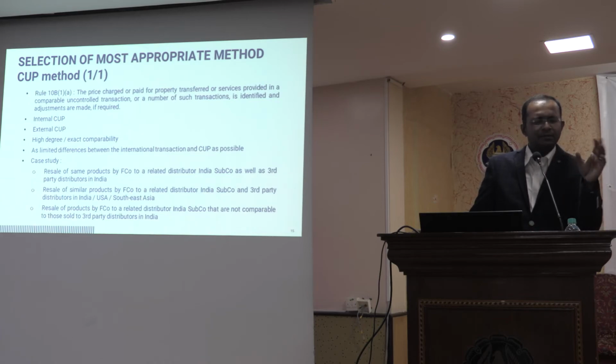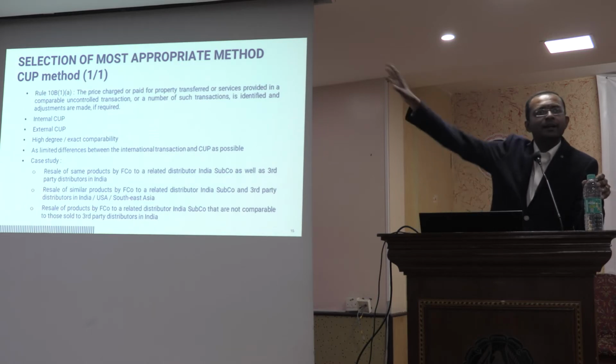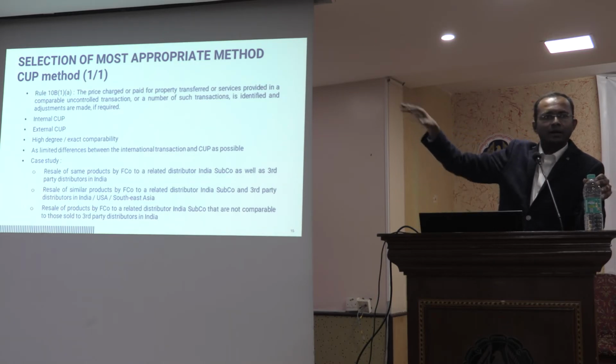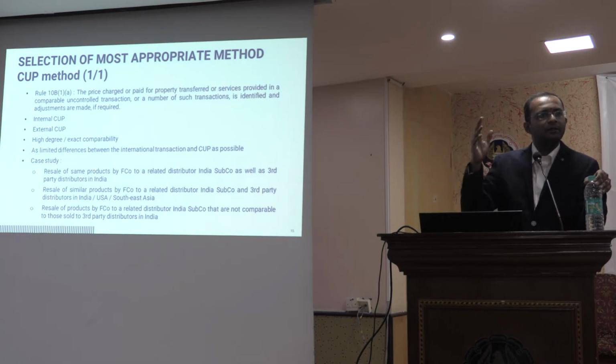Right? To give extremely simple examples, if there is a transaction of say sale of distillery bottles by one company to the other, both related parties, have distillery bottles been sold by any of those entities to unrelated parties? Or are there transactions of distillery bottles between third parties? Are we able to get the data?